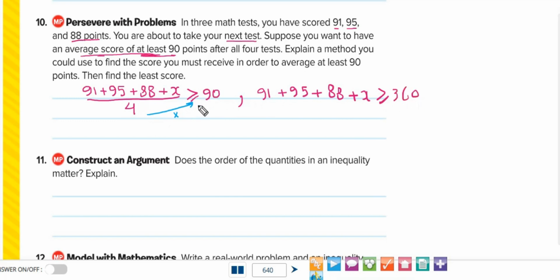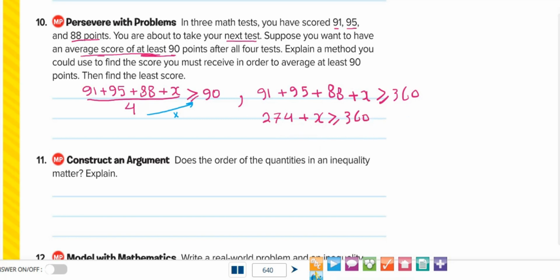Now we add the 91 plus the 95 plus the 88, and we leave the x because we don't know the x. It will give you 274. So 274 plus x is greater than or equal to 360.